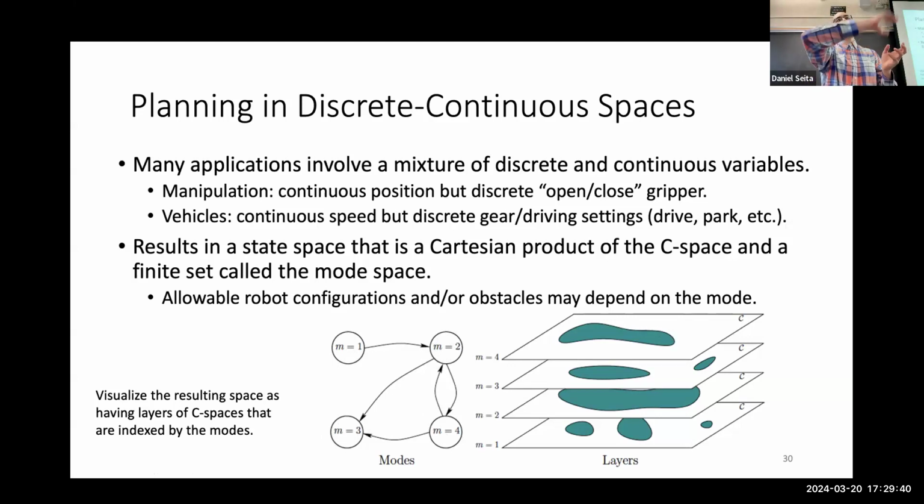Because if the robot changes the mode, maybe the obstacle region might have to change. So imagine your robot can change its size. If you have a vacuuming robot, that round robot, maybe there's a default size mode, but it can shrink if it needs to go into a tight corridor. Then your C-spaces will be different.